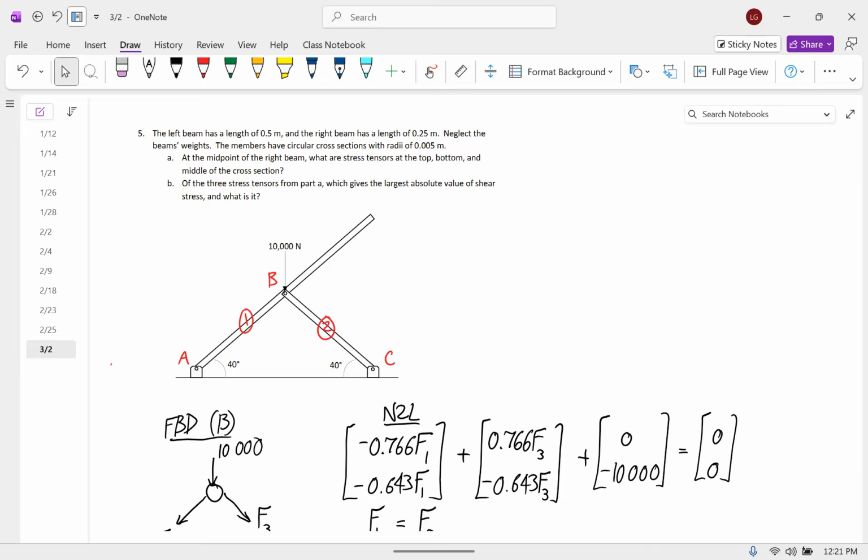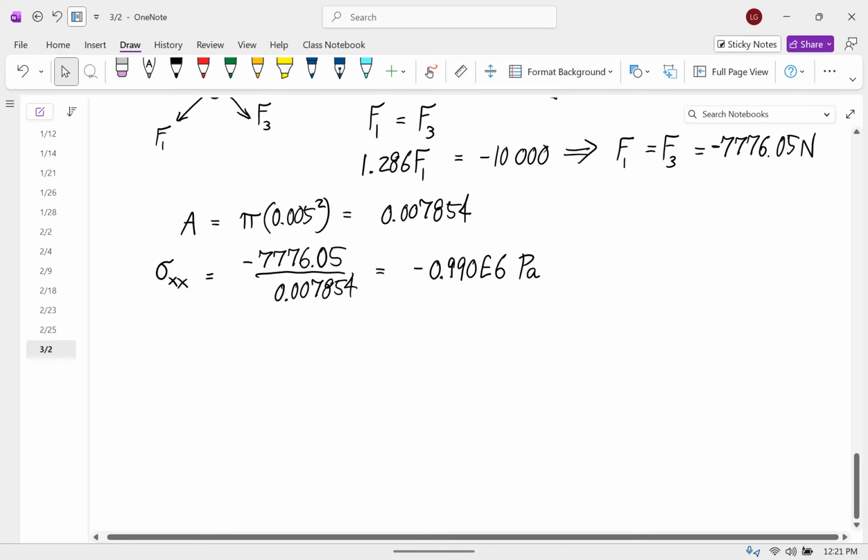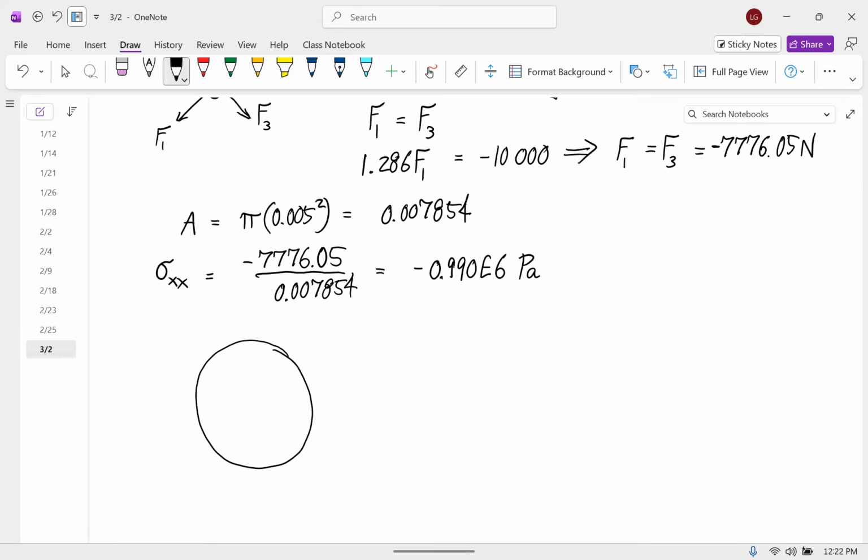Okay, so now it's saying at the midpoint of member 2, what are the stress tensors at the top, bottom, and middle of this thing? So if this is a cross section of this member, say this is the top, this is the middle, this is the bottom.